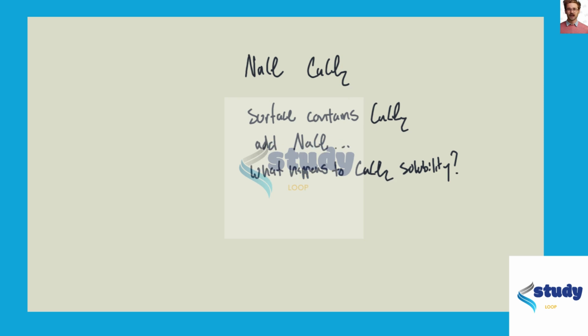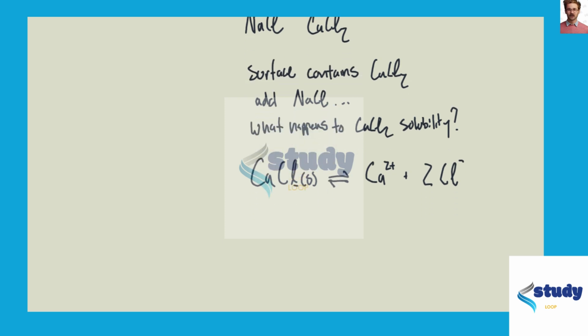Okay, well, we're going to have to think back to Le Chatelier's principle. Recall that for the solvation of calcium chloride, what we're thinking about is calcium chloride, the solid, in equilibrium with dissolved calcium chloride, or calcium 2 plus ions and 2 chloride anions to be specific.